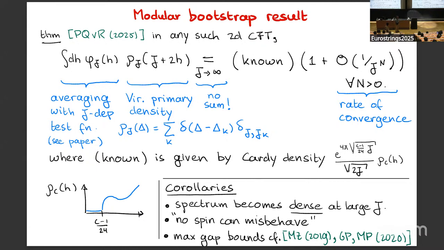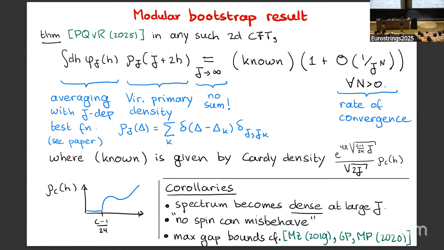And if you have a coefficient of 10 to the minus 100, I will never be able to fish that out, or something decreasing with J. But here the coefficients are 1, and indeed we know that the spectrum becomes dense at very large spin because this right-hand side has a dense spectrum, and it becomes dense for every large spin in some sense. There's a proper limit, no spin can misbehave, and we know the rate at which it becomes dense because that's basically the inverse of this in the average.